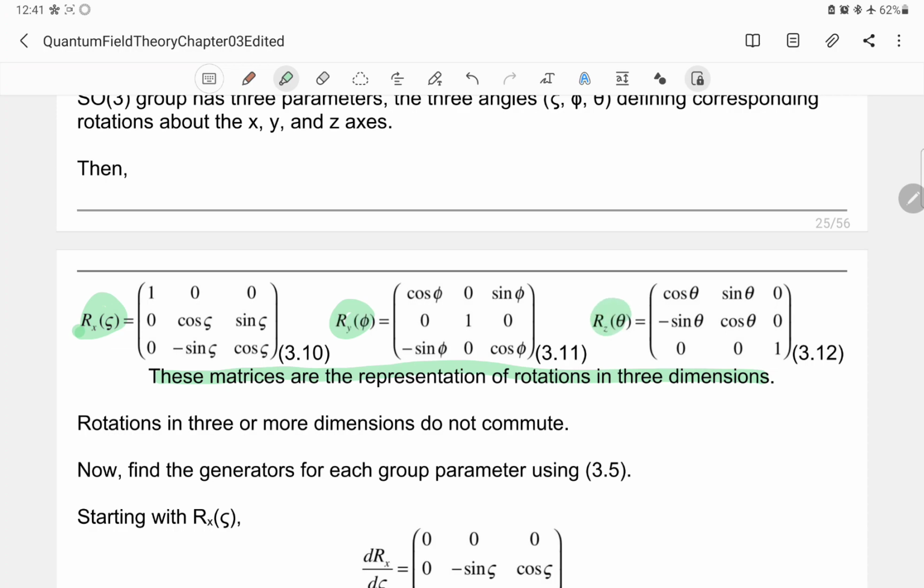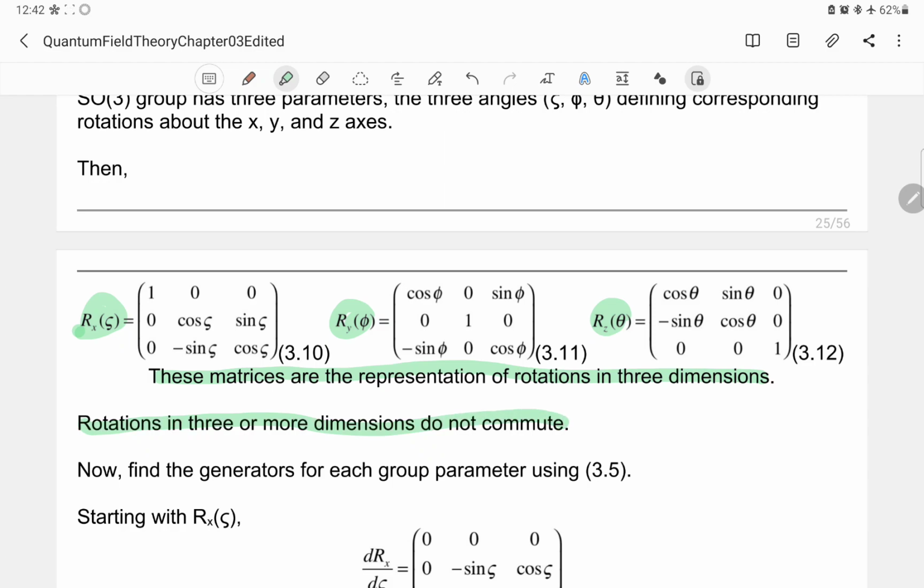So as you can see, these are jumbled sines, cosines, and 1s. So the elements are just 1, cosine, sine, and zeros. Rotations in 3 dimensions, or even more, do not commute in general.